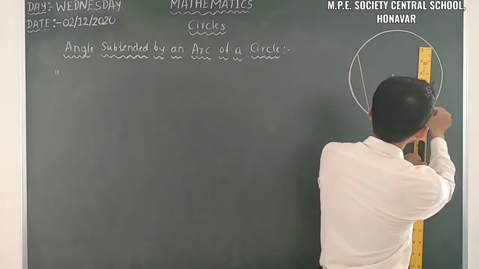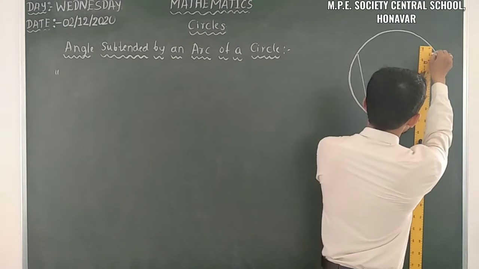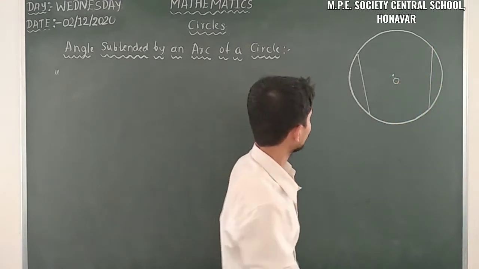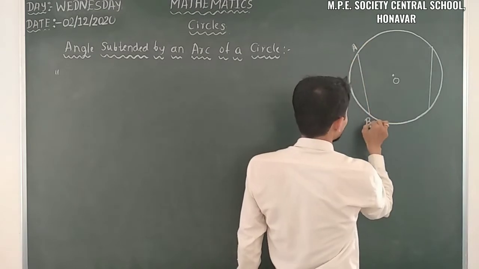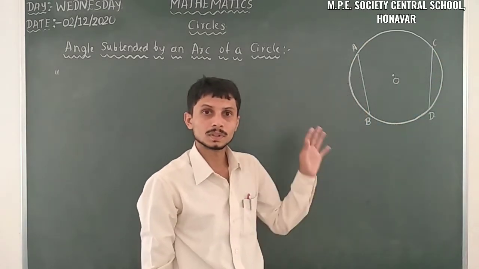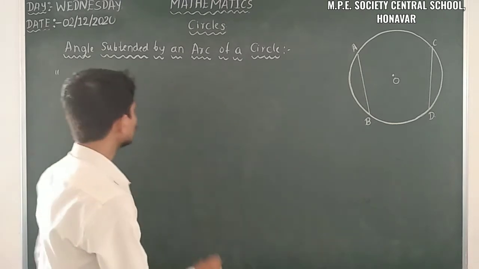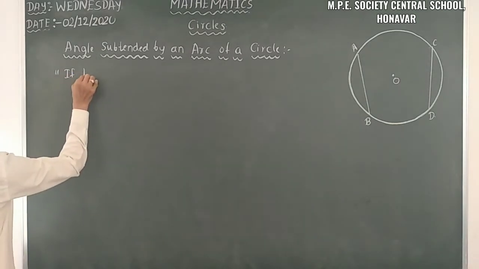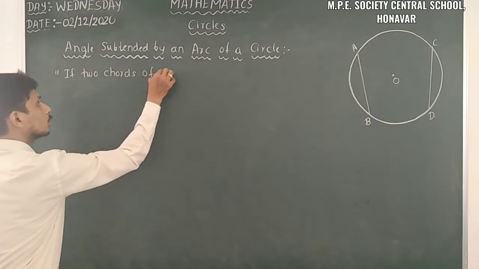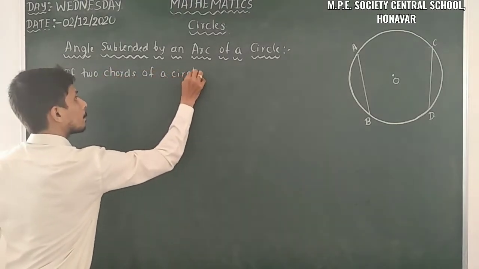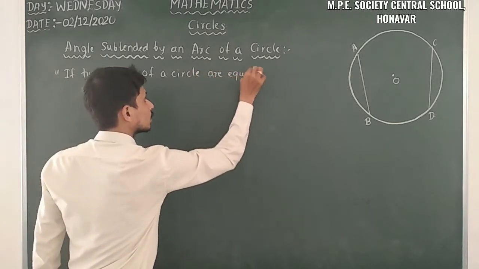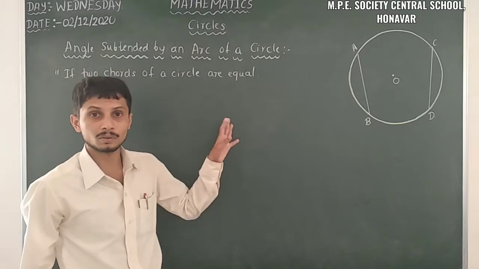Here I am taking chords of the same measurement. So these two chords are the same. I am taking them as AB and CD, and those two are equal. So if two chords of a circle are equal, these are very important statements we have to remember always.